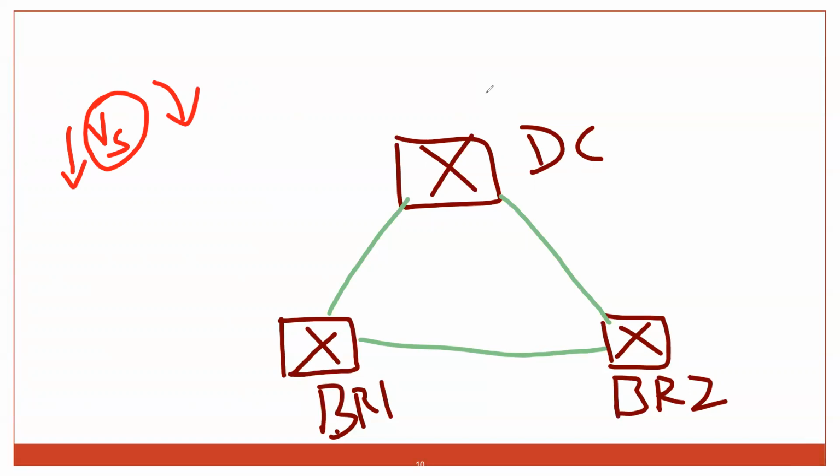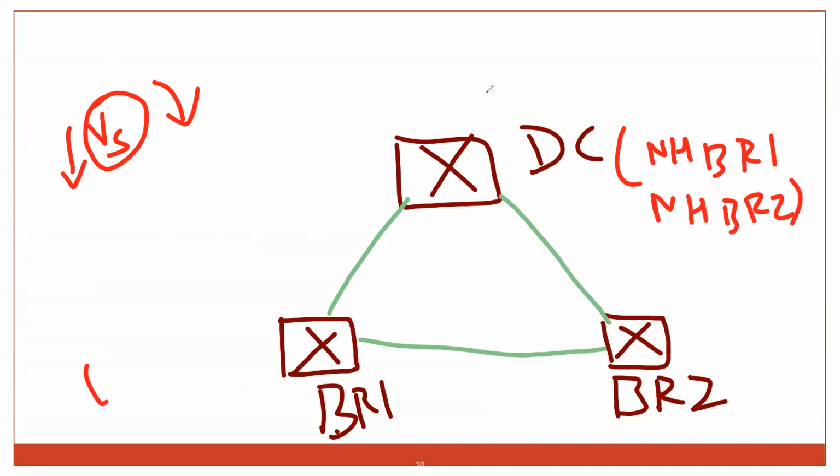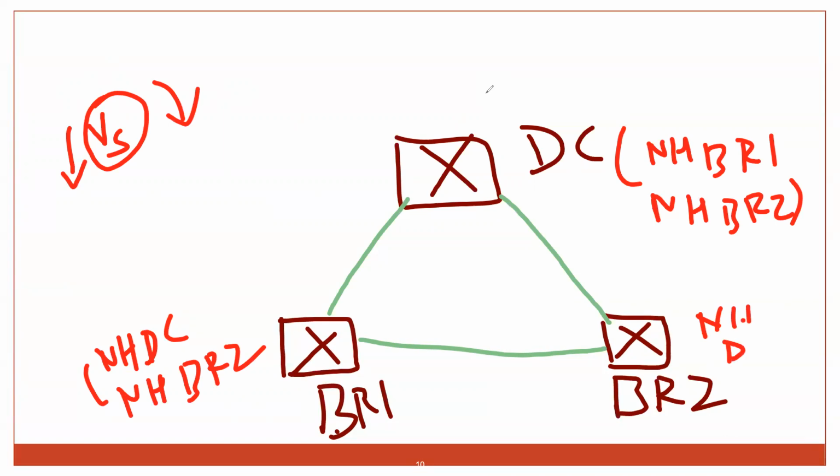So vSmart will tell the next hop information of branch 1 to branch 2. Likewise, branch 1 knows the next hop information for DC and branch 2, and likewise branch 2 knows the next hop for DC and branch 1.